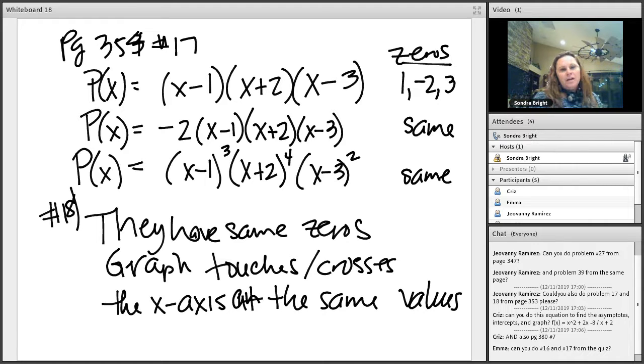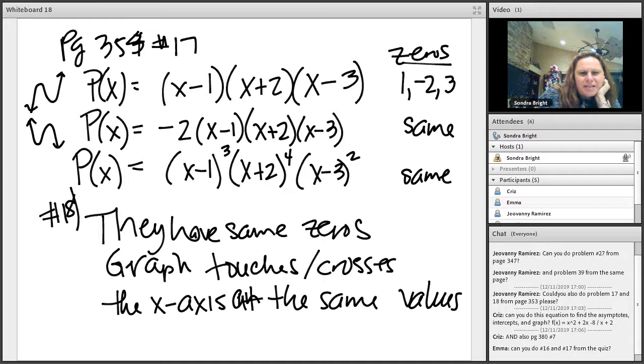But the first one's a cubic that probably does something like that. The second one is also a cubic, but it's going to be flipped the other way, like that, because of the negative in front, so the left-hand side will go up.